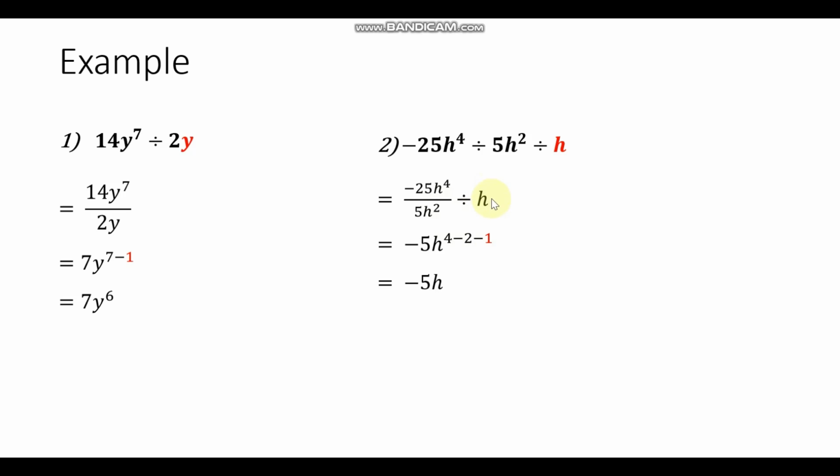We don't have to write it here, but we have to write it once we want to minus all the values of the index. So finally, 4 minus 2 minus 1, we get 1, right? Okay, we get 1, so it is the same. We don't have to write 1 here, so the final answer is negative 5h.